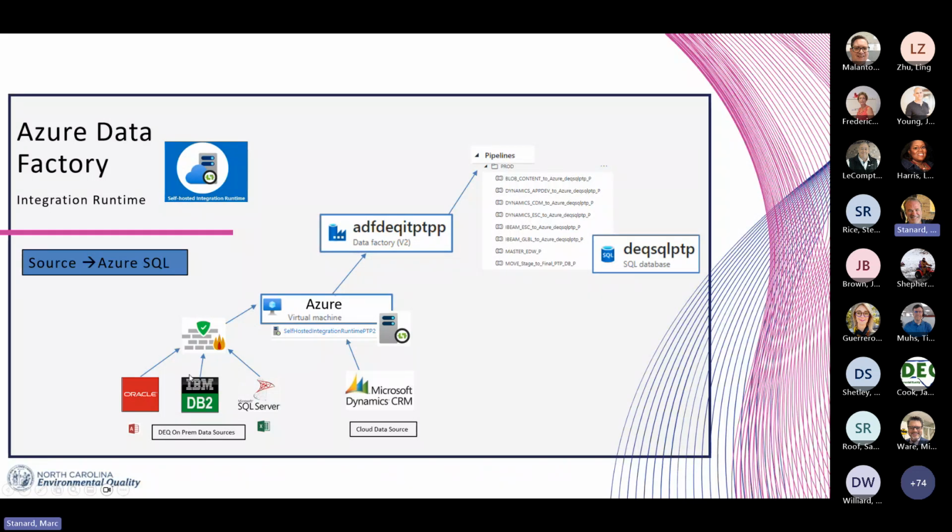We also configured the cloud data sources with the integration runtime, which allows us to pull data from the AccessDEQ solution into the enterprise data warehouse. So these pipelines are set up and executed each night to pull fresh data from the various data sources and update the enterprise data warehouse.